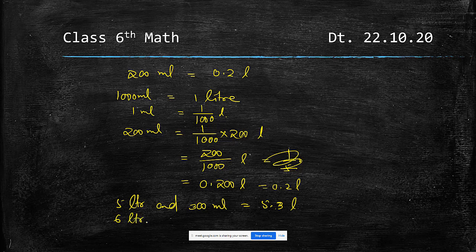Suppose it was given 6 liter and 50 milliliter. So how to write it? 6 point, and here we know 3 places are required. So 050 liter, or we can write it as 6.05 liter.